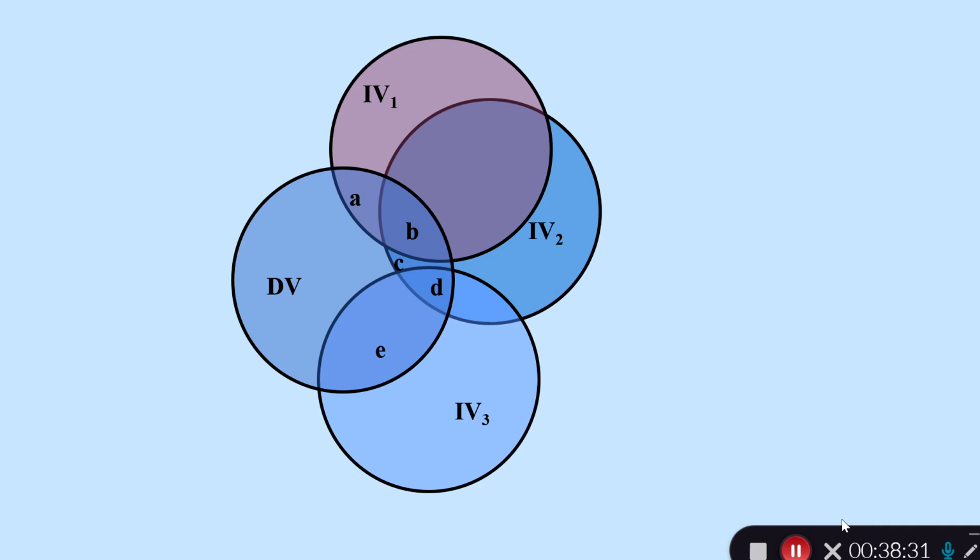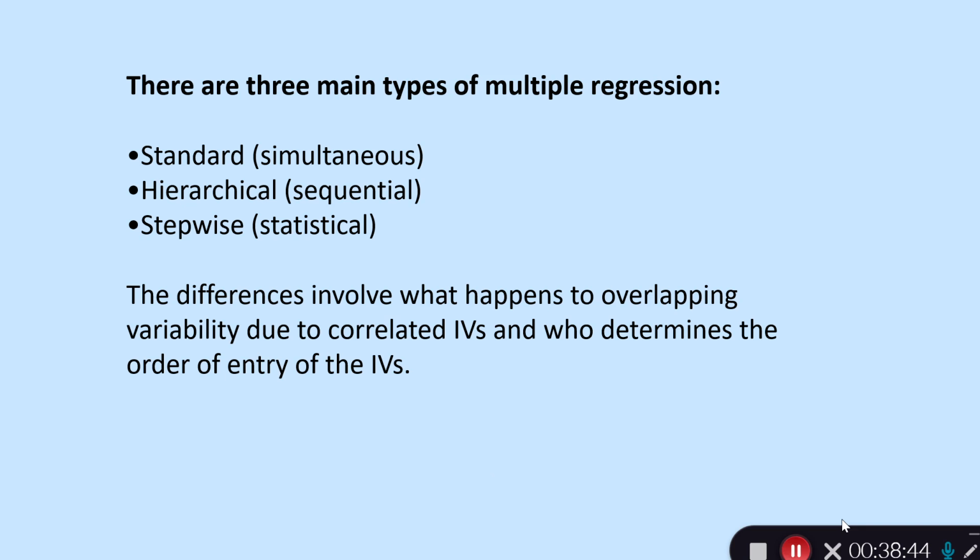So we're going to use a figure like this to understand how the amount of variance that's attributable to individual independent variables changes when we do different types of regression. And there are 3 main types of multiple regression: standard, sometimes called simultaneous; hierarchical, sequential, where we add our variables sequentially to the model; and stepwise, statistical, where we use some sort of statistical justification for the order in which we enter our variables into the multiple regression model.